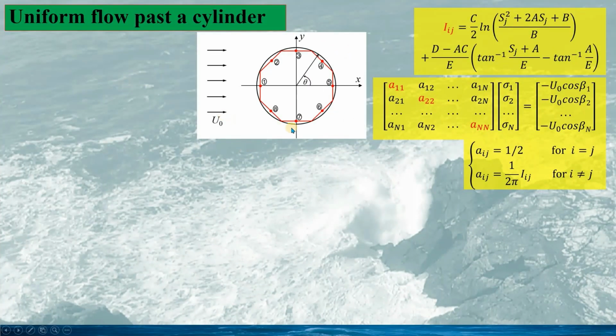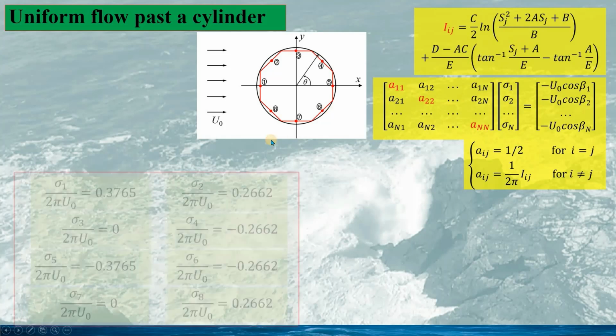Now the uniform flow past the cylinder can be solved by solving the simultaneous equation, this and the coefficient Aij given as this. Here, capital Ij is calculated using this formula.